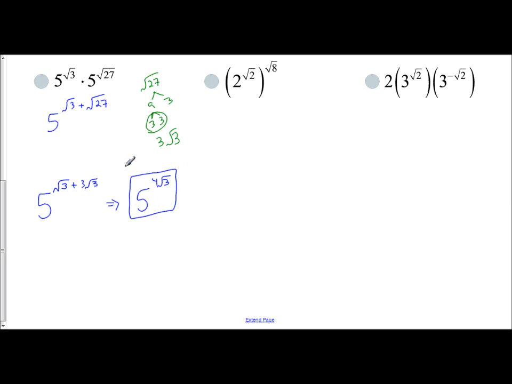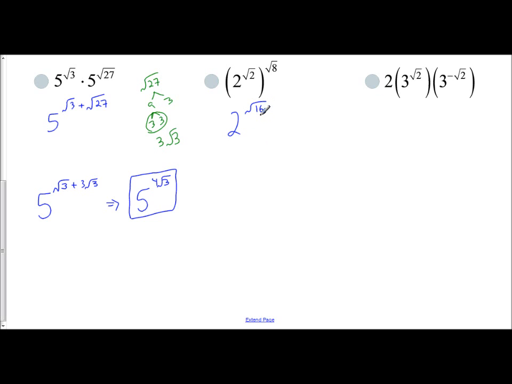You need to remember, whenever you're dealing with radicals, you have to check to see if they can be simplified. And so square root of 27 is really 3 radical 3, and so now I have the same term of radical 3. I can add them together. If I have 2 to the radical 2 power being raised to the radical 8 power, this is the power of a power, so you multiply them together. 2 times 8 is 16.